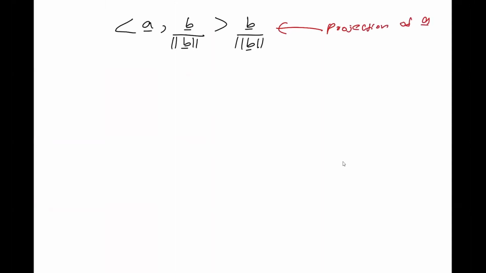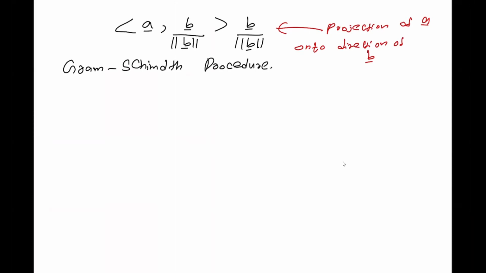Using this idea, we develop the thing called the Gram-Schmidt procedure. This process is used to get an orthogonal basis. Sometimes we can modify this process to get an orthonormal basis as well.